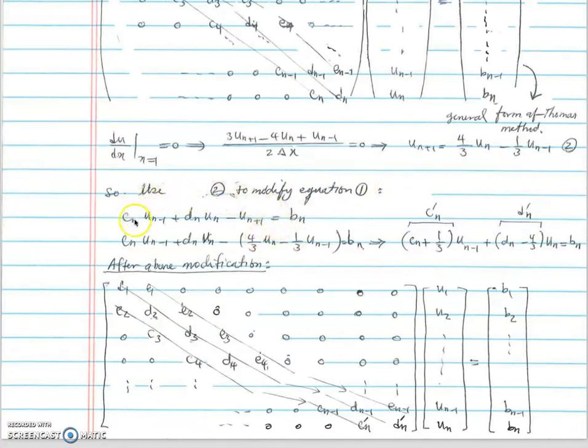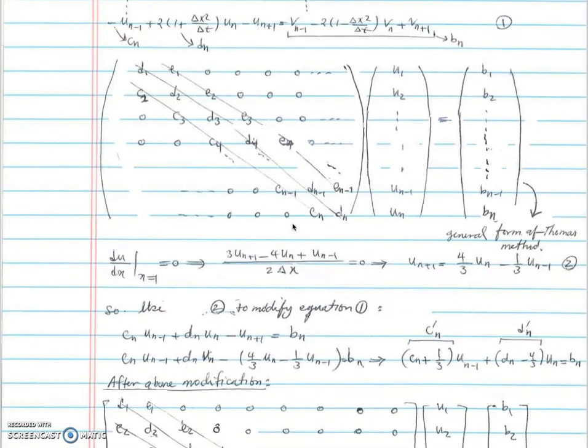If I cast my last equation in terms of C's and D's and B's, this is basically nothing but Cn un minus 1 plus Dn un minus En un plus 1 is equal to bn. That is all I have here. Okay, so there's nothing changed yet.